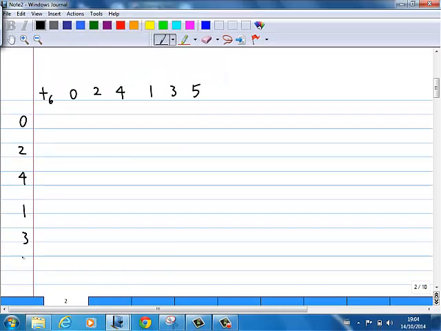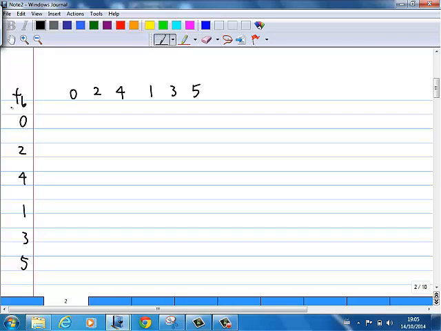And I'm going to use it this way. I'm going to put 0, 2, 4, and then 1, 3, 5. So the table will look like this: 0, 2, 4, 1, 3, 5. Alright? So purposely put the table like this. So addition modulo 6.